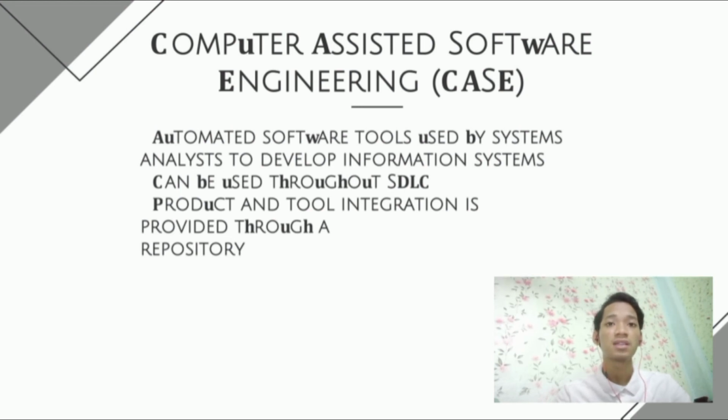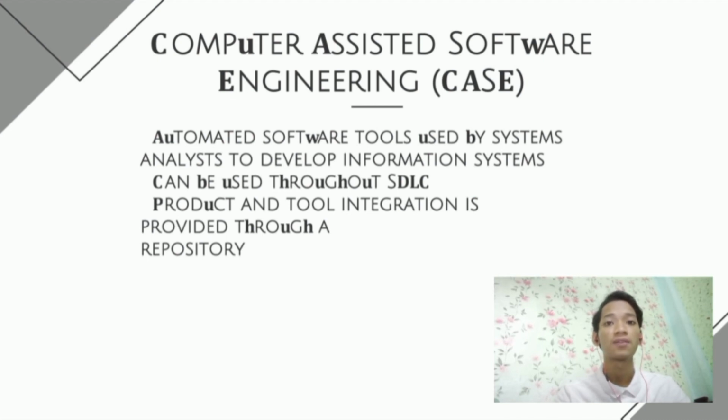The next is computer-assisted software engineering, or CASE. CASE is the domain of software tools used to design and implement applications. CASE tools were partly inspired by computer-aided design (CAD) tools used for designing hardware products. CASE tools are used for developing high-quality, defect-free, and maintainable software.